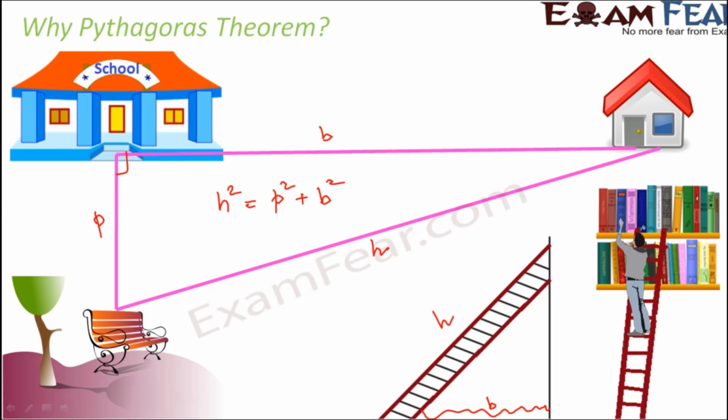The length of the ladder is nothing but H, and this height, the desired height where you want to reach, that height is, let's say, P. So again, using the relation H square is equal to P square plus B square, you can actually decide where exactly you should place the ladder. So in this way, the Pythagoras theorem can actually help in a lot of real life problems, and that is the significance of Pythagoras theorem. In fact, based on Pythagoras theorem, a lot of other mathematical relations had been proved later.